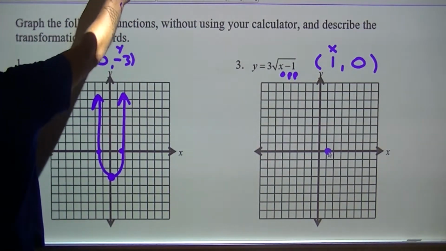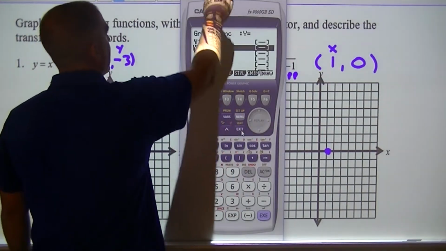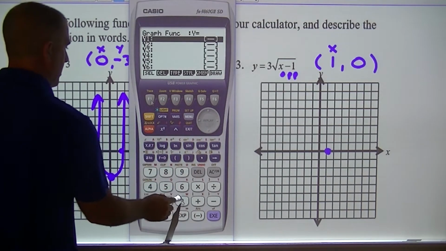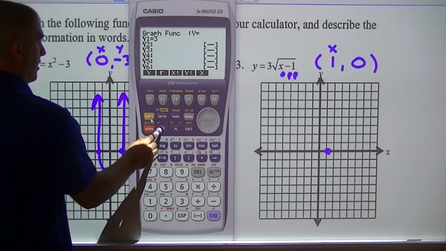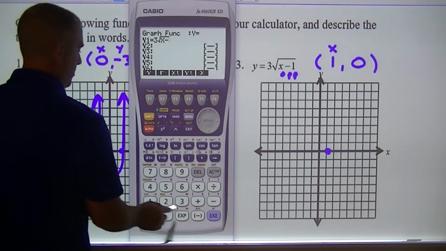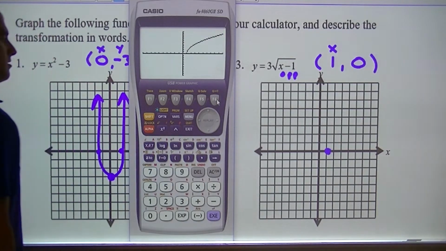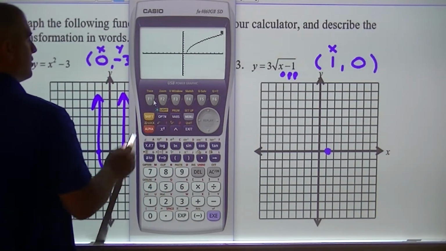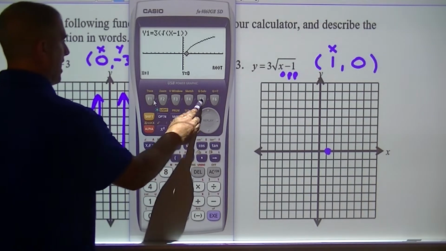I'm going to go back into the calculator. 3, shift, square root, x, minus 1. I'm going to draw it, and I see that's my picture. So GSolve root, 1, 0, I already have it.